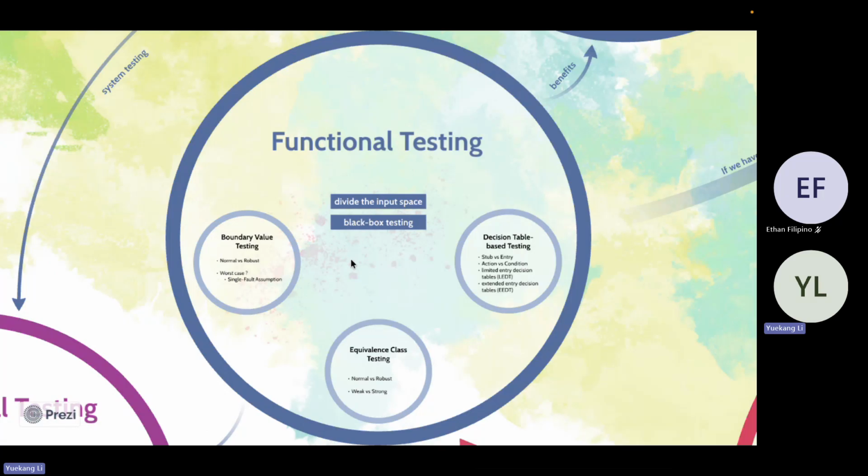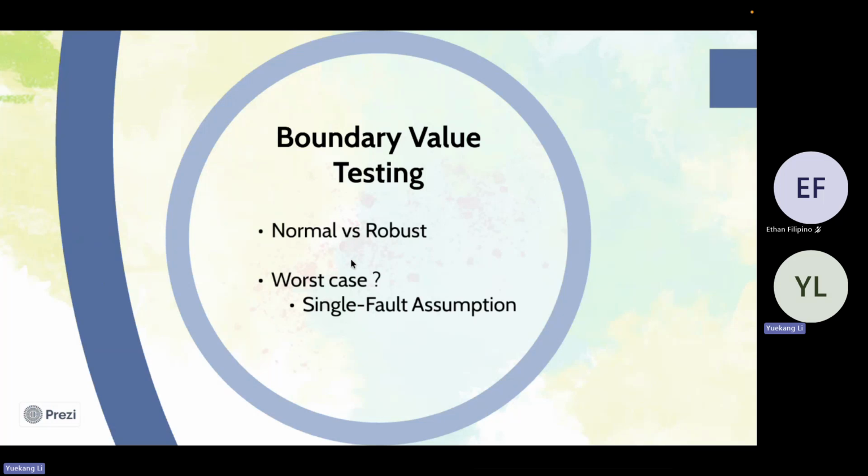So all the strategies here are related to how we divide the input space. And we have many different approaches for dividing the input space. For example, we can use boundary values to divide the input space. And for boundary values, we have 2 different assumptions. The first one is whether we allow the values to be out of the range, right?